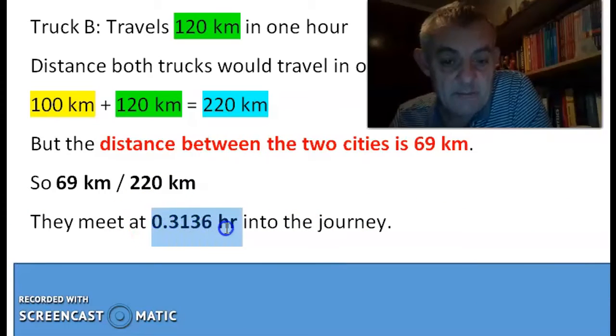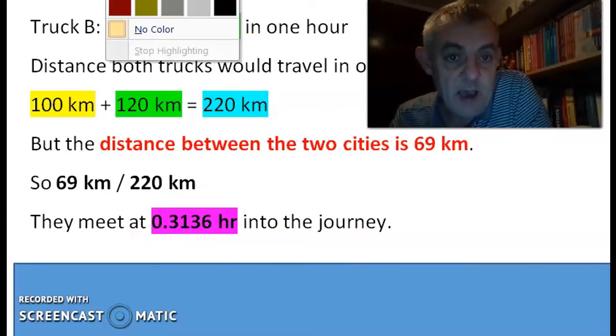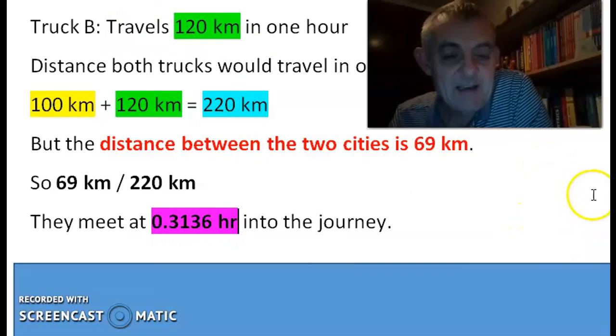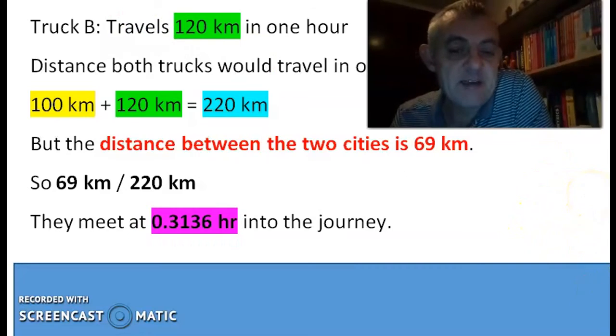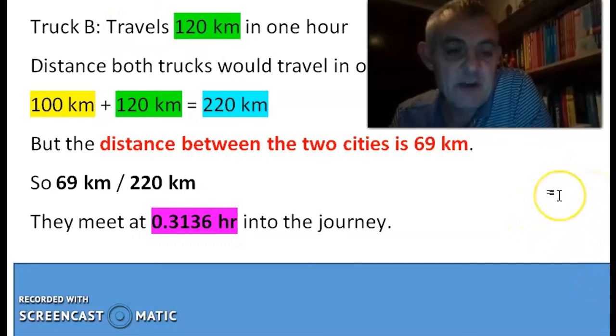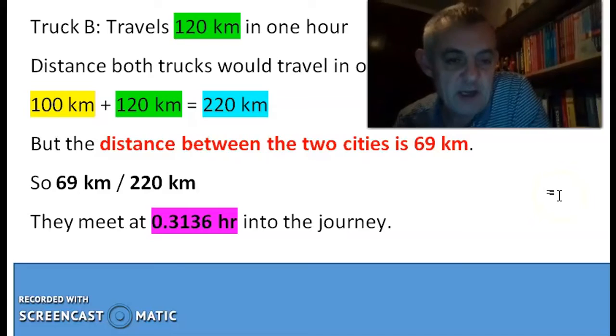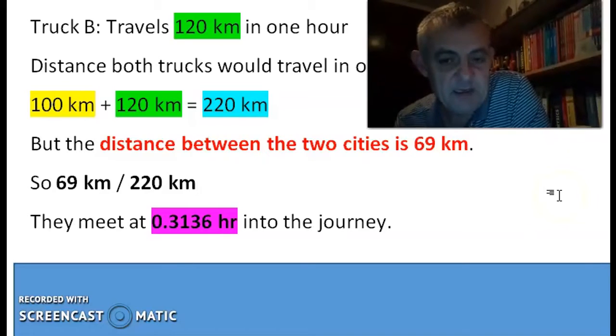So the answer for part A is 0.3136 hours into their journey. That is when they will cross each other. It's as simple as that.